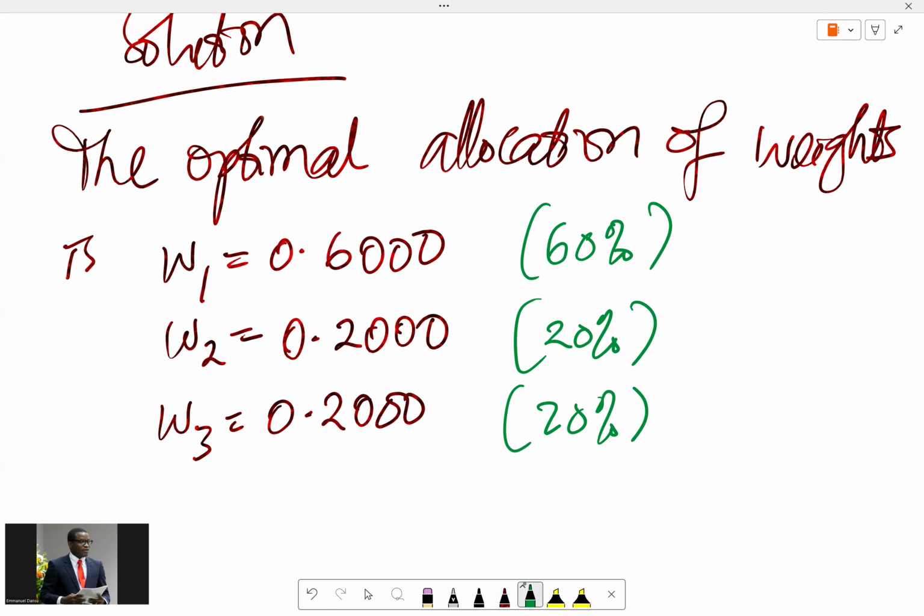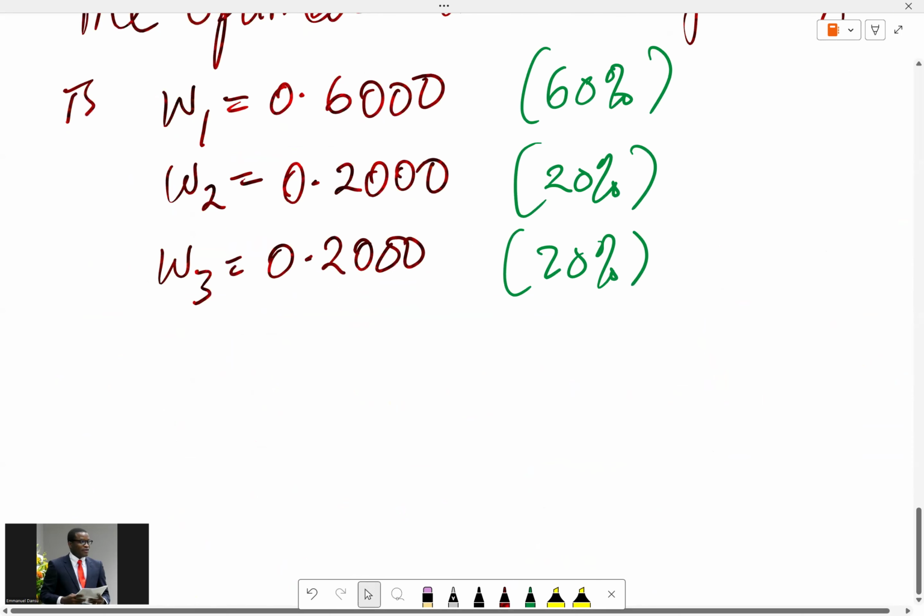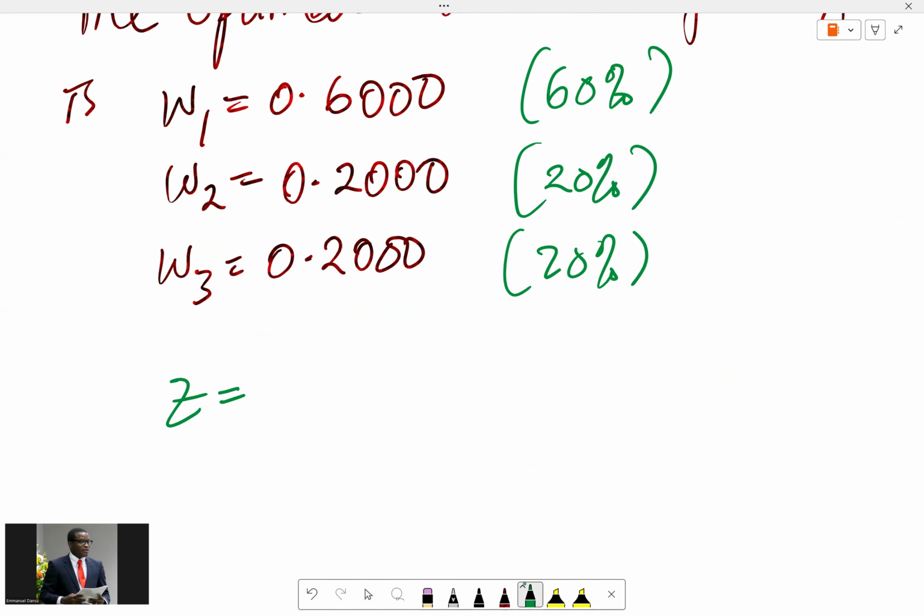Normally, I should set up the whole system, and this will lead to Z. Z, the objective function, is 0.1080.